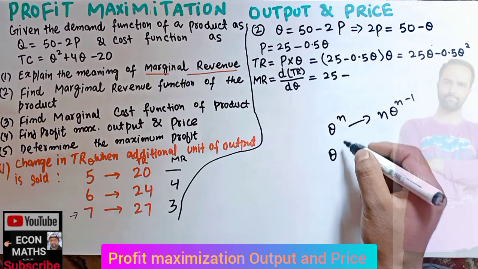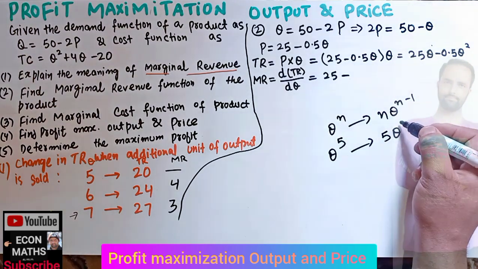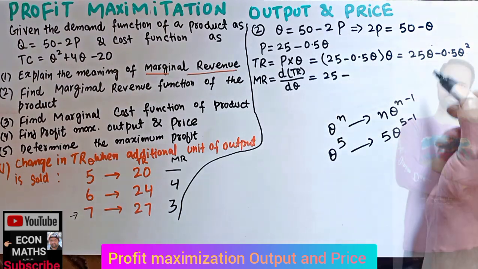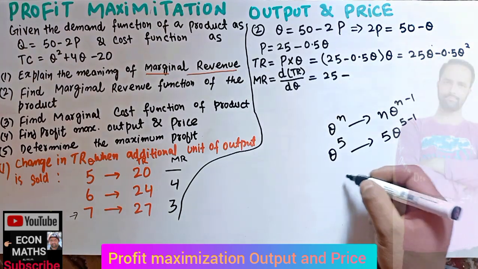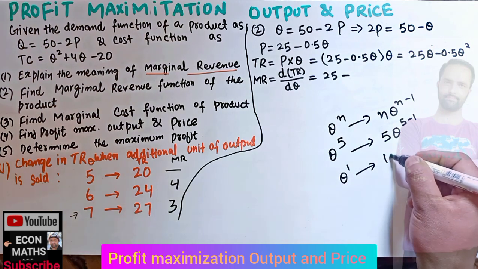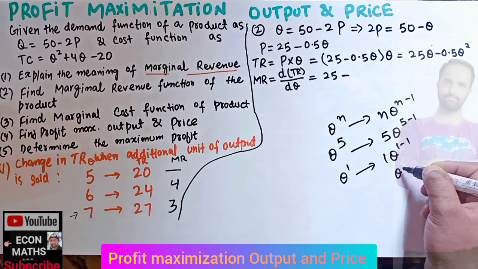Let us say we have Q to the power 5, its derivative is 5Q to the power 5 minus 1. Same rule I have applied here. Here we had only Q, so we can write Q as Q to the power 1, its derivative is simply 1 times Q to the power 1 minus 1. This becomes Q to the power 0.